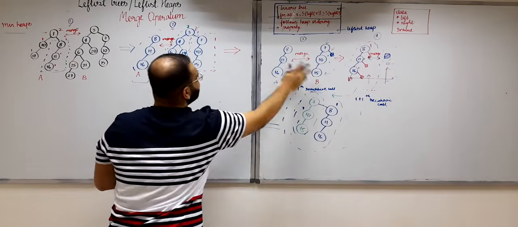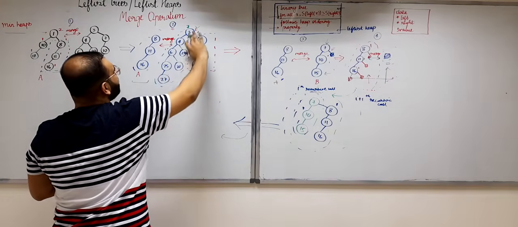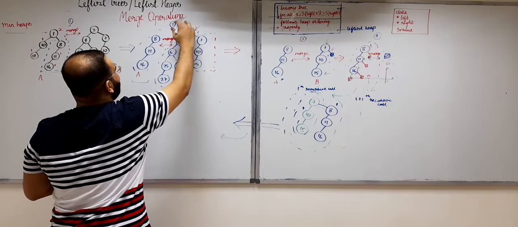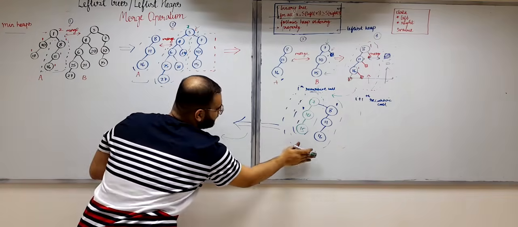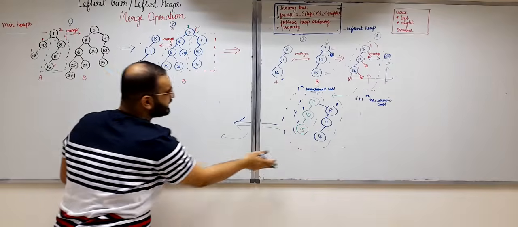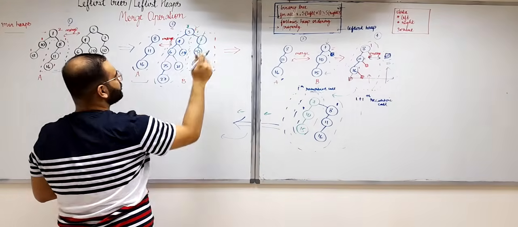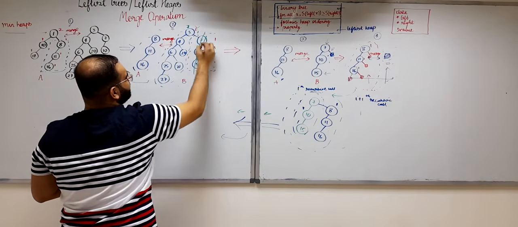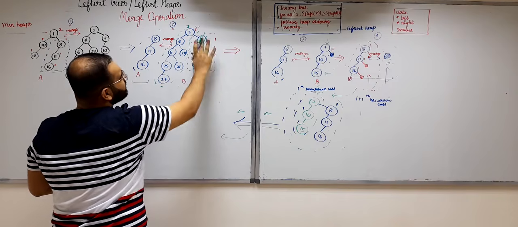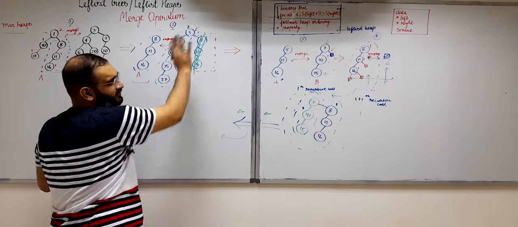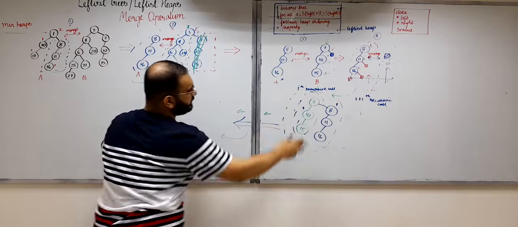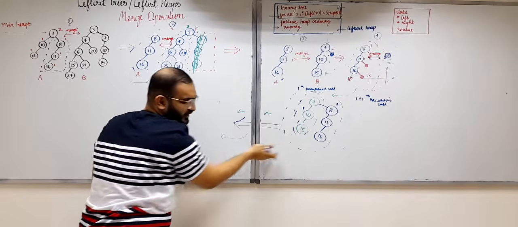So now we have to merge the left subtree and the root with this leftist tree that we are getting from the successive recursive call. We are not interested in this right subtree of this leftist heap because we have already transferred it. We will already get it in our result over here.